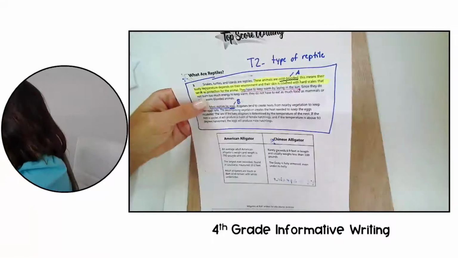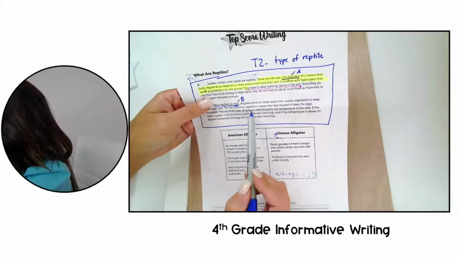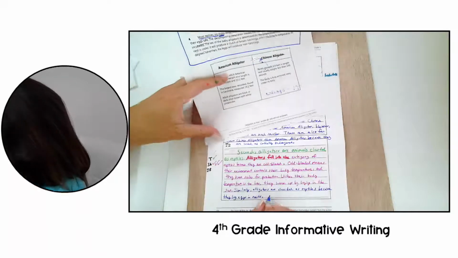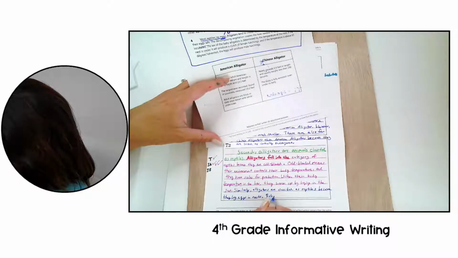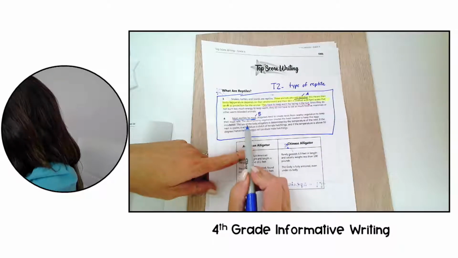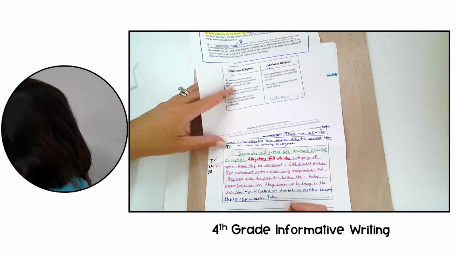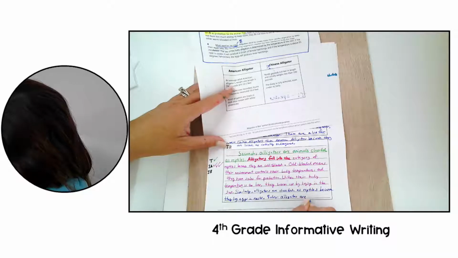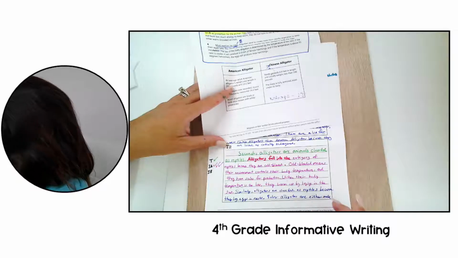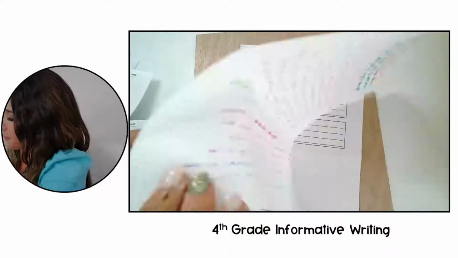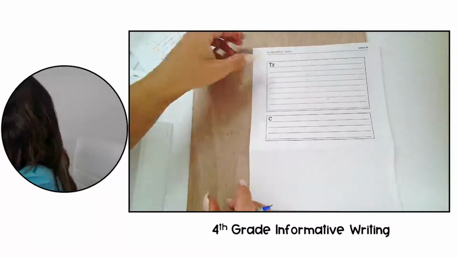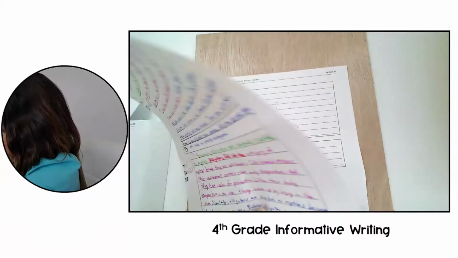Now if I keep reading, it talks about the sex of the baby alligators being determined by the temperature of the nest. So I'm going to put that in my own words. I'm going to say baby alligators are either male, oh, I ran out of room again.